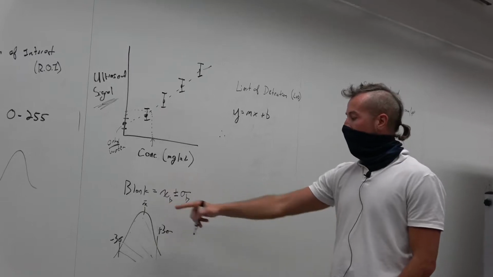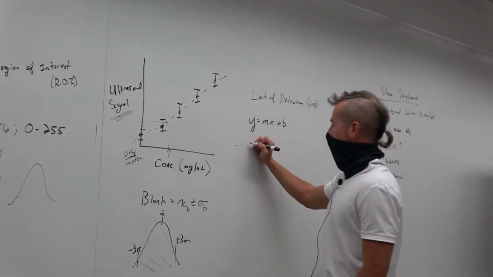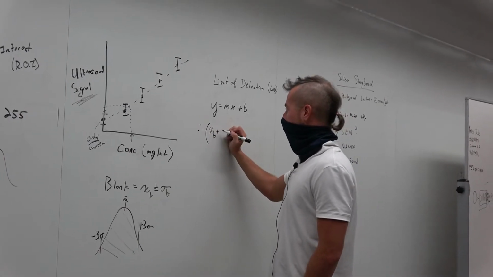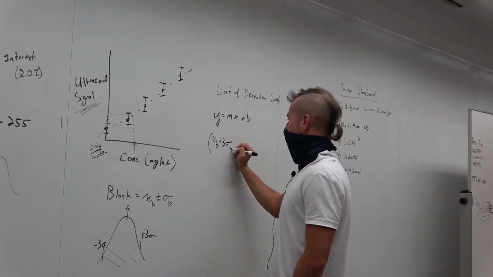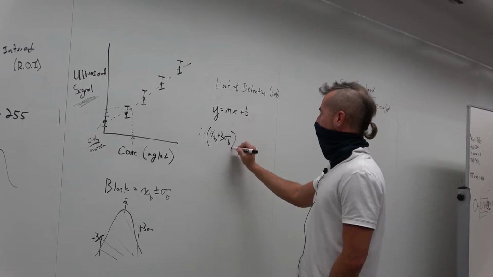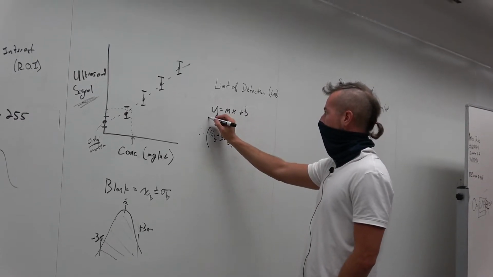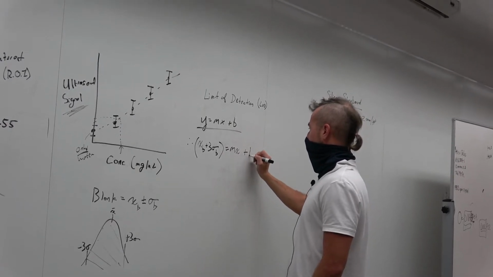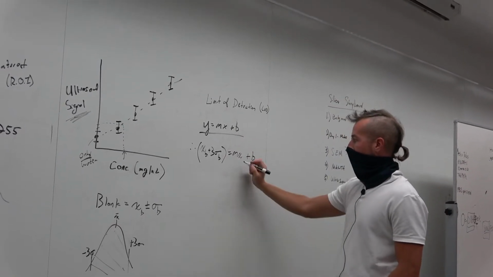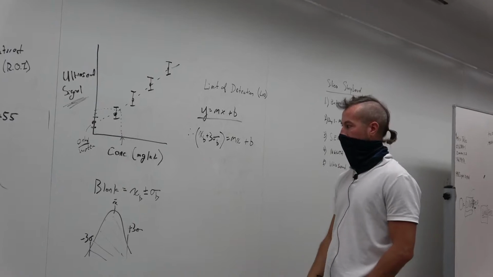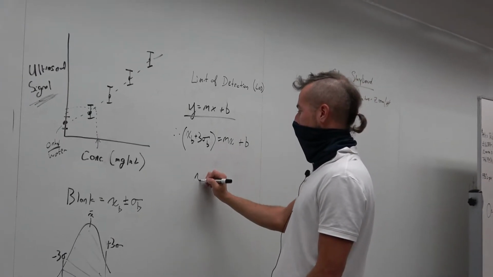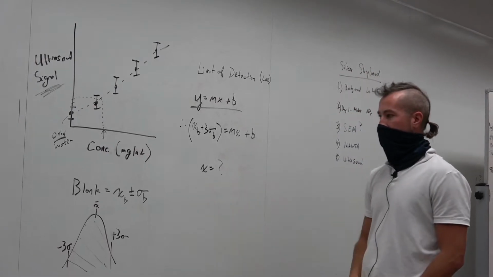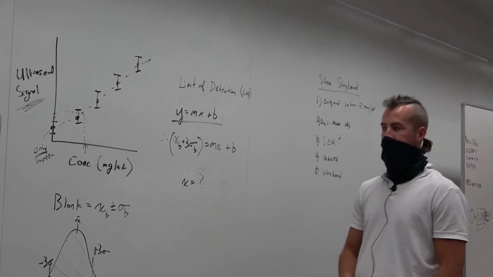So what you're going to do is take y equals the mean of the blank plus 3 standard deviations of the blank. You're going to have this data and simply solve for x. And this value is going to be your limit of detection.